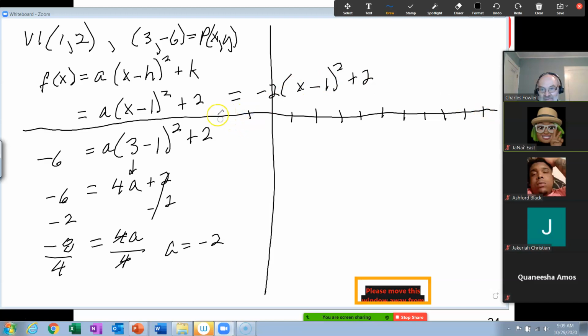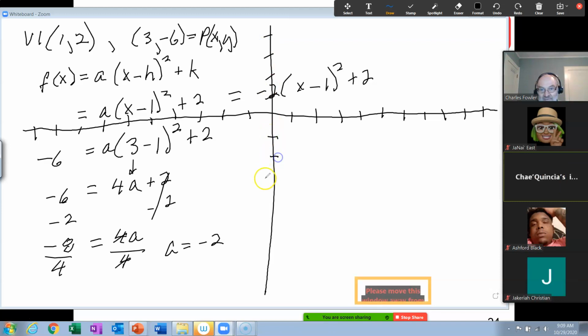Negative 1, 2, 3, 4, 5, 6, 7, 8, 9, 10. Positive 1, 2, 3, 4. Negative 1, 2, 3, 4, 5, 6, 7, 8.